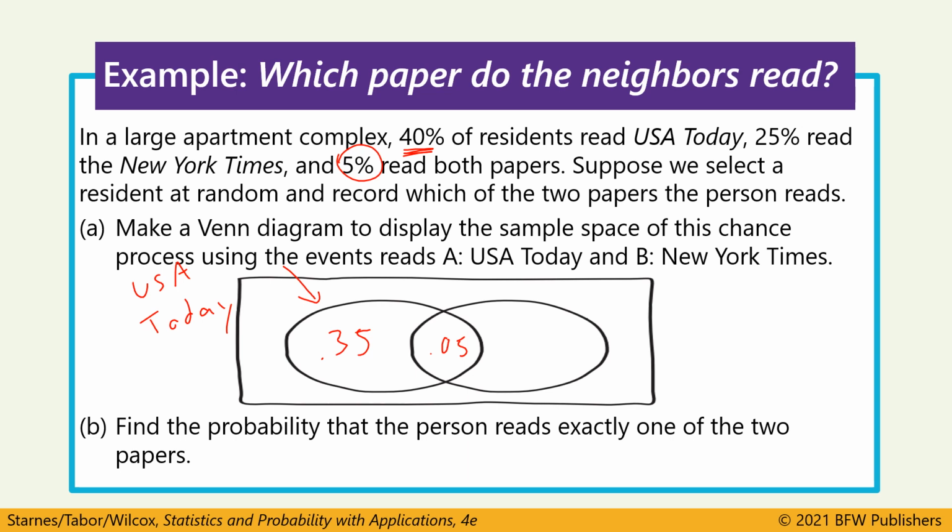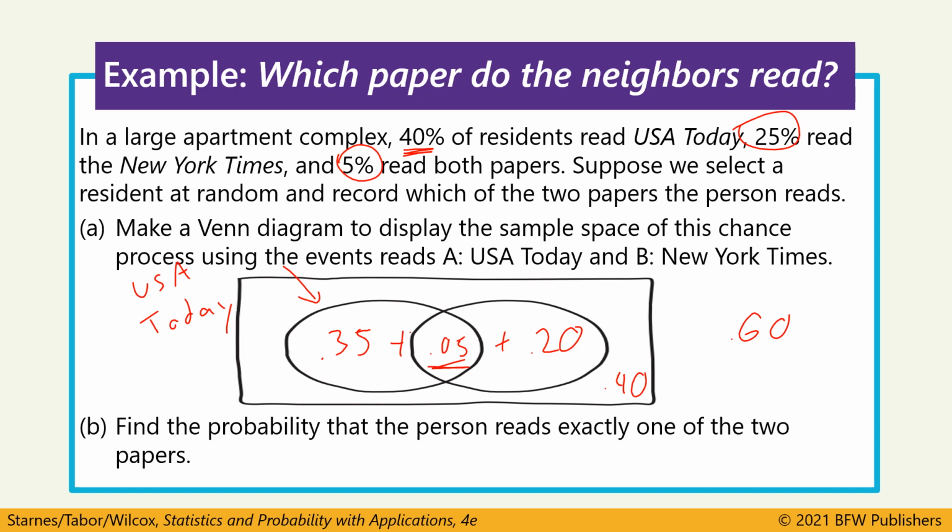All right, for the New York Times, 25% read New York Times. So there's going to be 20% over here combined with that middle section gives us that 25%. All right, if we add all three parts of that inside the circles up, we have 35% plus 5% plus 20. We get 60%. That leaves 40% that read neither.